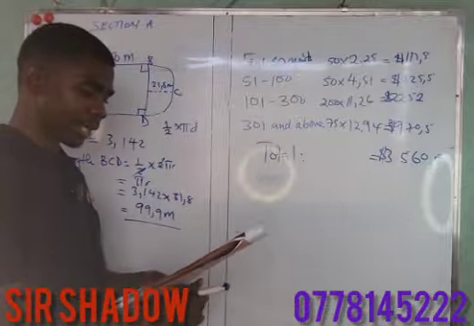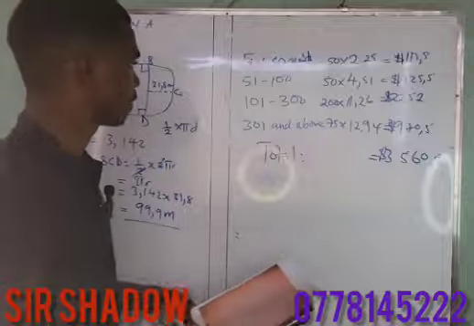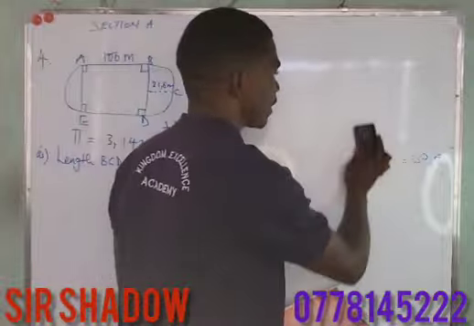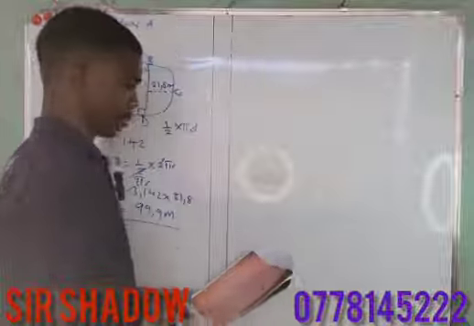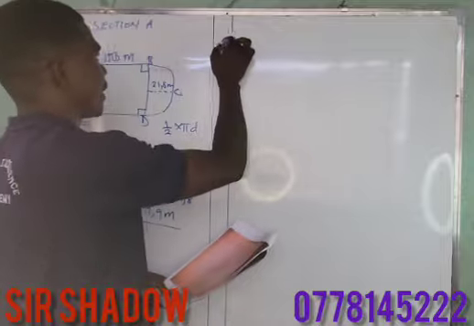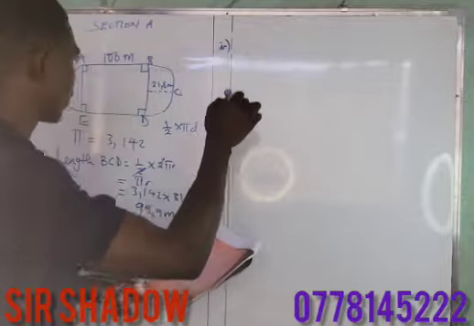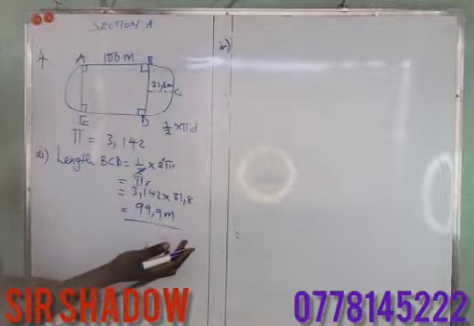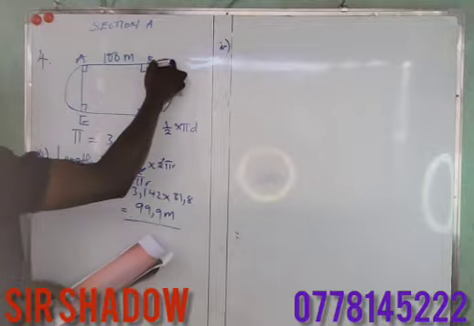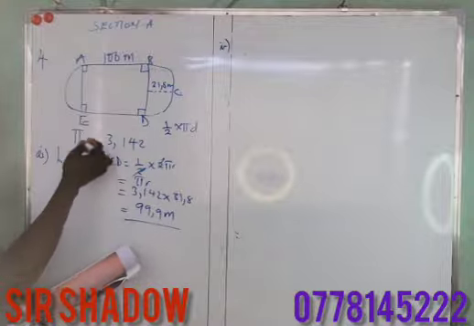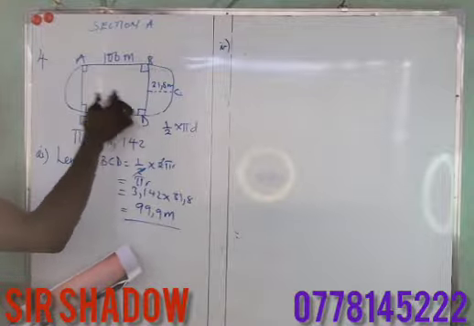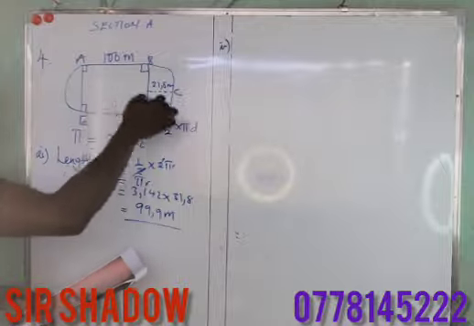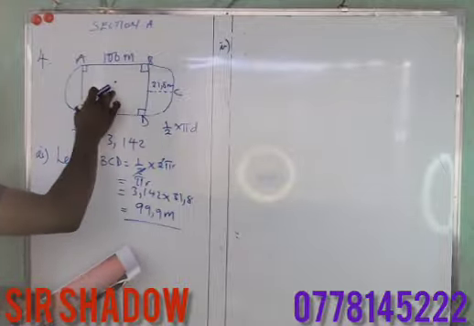Let's calculate the perimeter of the athletics field. For us to calculate the perimeter of the whole field, you want to calculate the perimeter of the first semicircle, then the second semicircle, then this one. So we add this one plus this one plus this one.